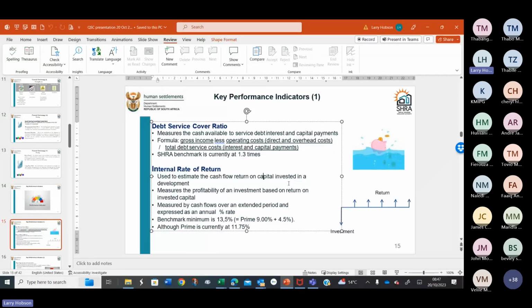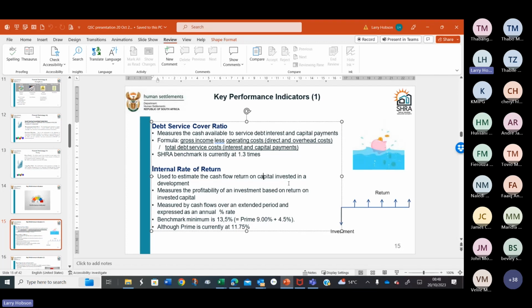When we set benchmarks for social housing, I've been involved with social housing since the very start and was asked to set a benchmark for a sustainability ratio. Find a measure that's a good measure for financial sustainability.